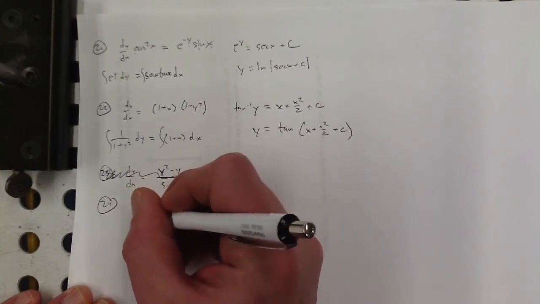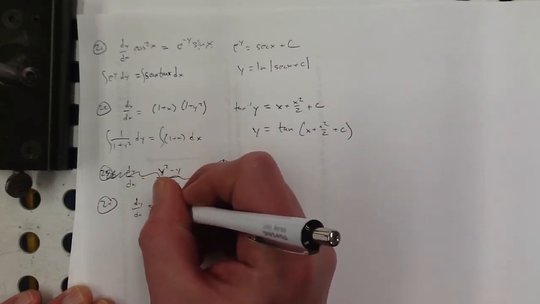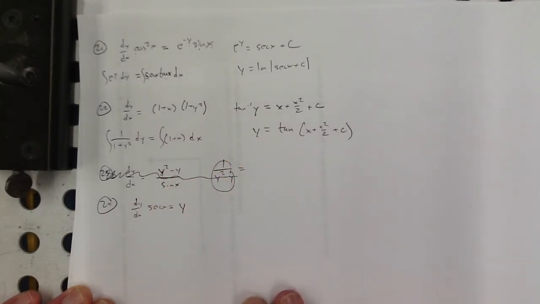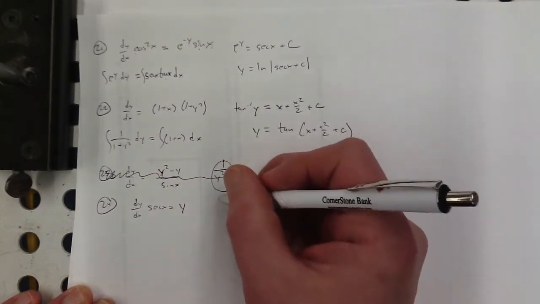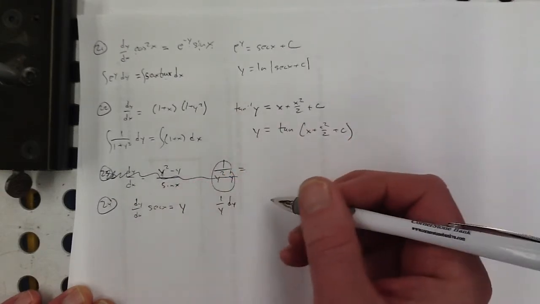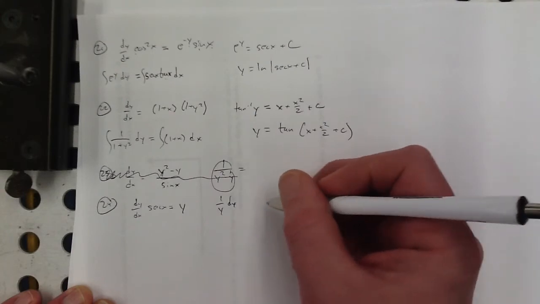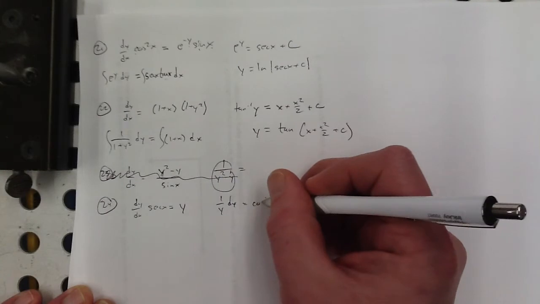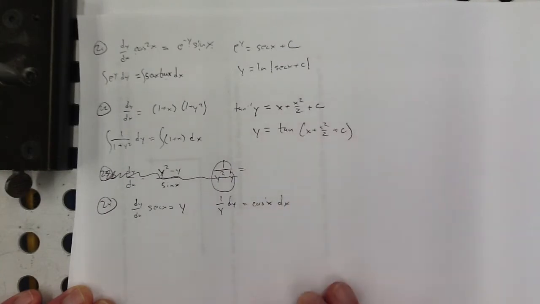Moving things around, dy dx, secant x is equal to y. That's just moving things around with algebra, and then more moving things around with algebra. Divide the y over and divide the secant x over, which turns it into cosine x.